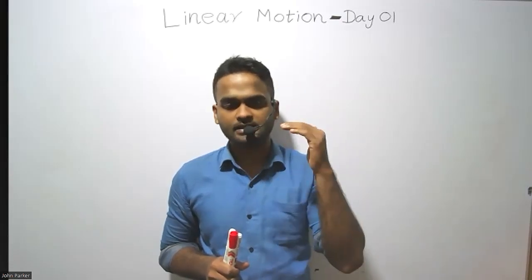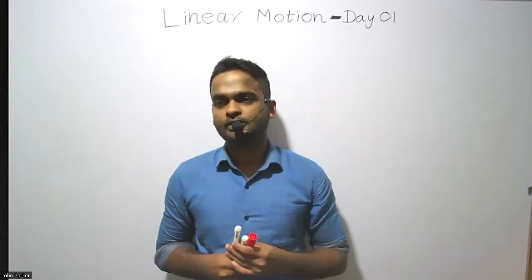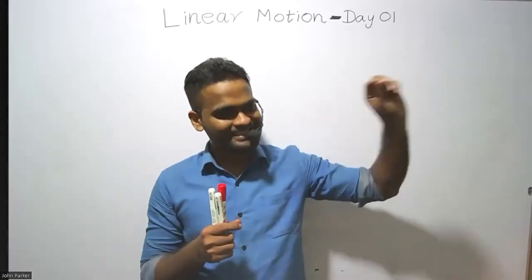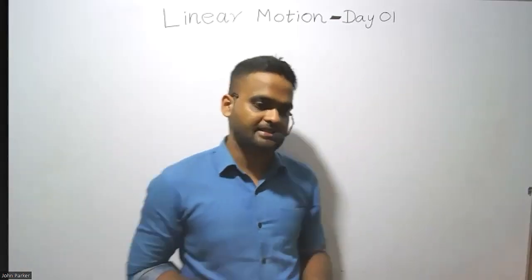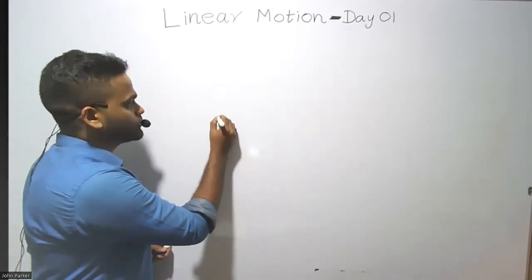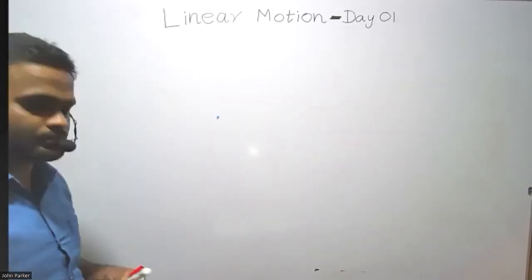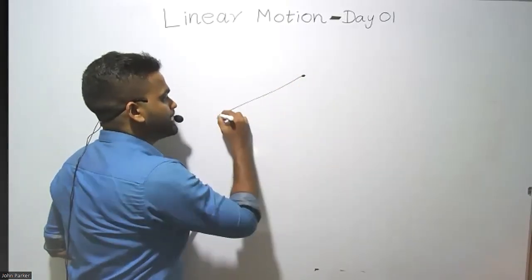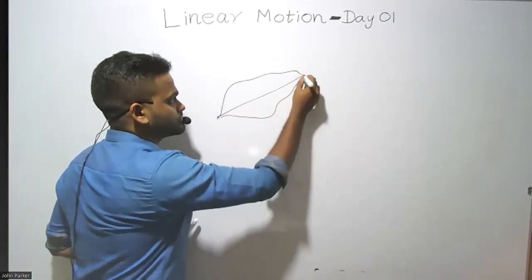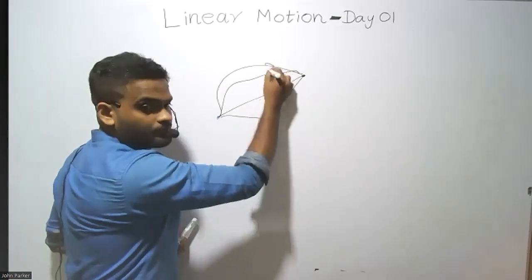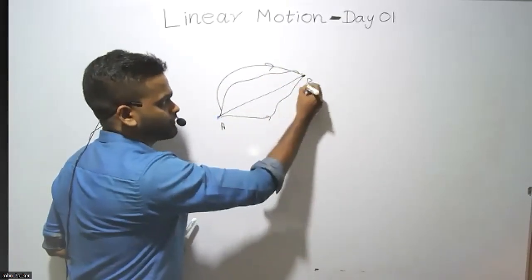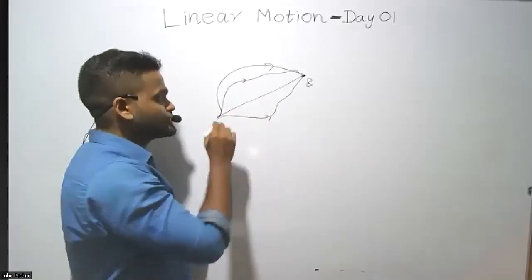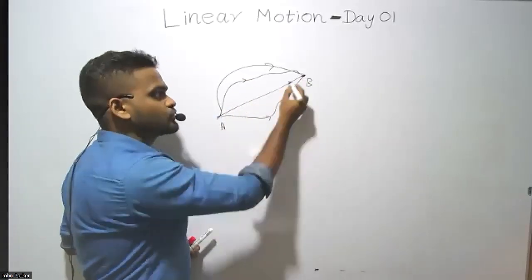There's displacement and distance. So we know displacement is the shortest distance between 2 points. That is the displacement. If I want to go from here to here, there can be many paths to go from A to B, but we only choose the shortest path.